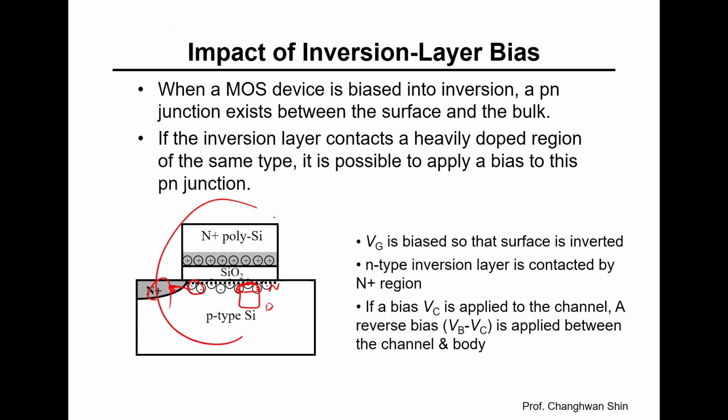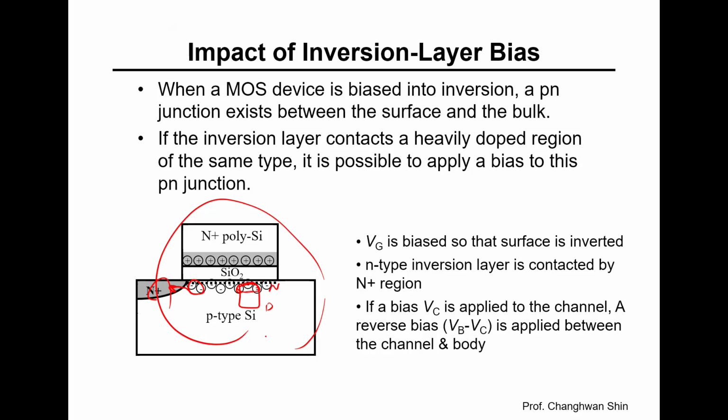So in this diagram, we see an N-type inversion layer, the channel, formed at the surface of the P-type silicon. This inversion layer is contacted by an N plus region, allowing us to apply a bias voltage, say V sub C, to the channel. If we do this, a reverse bias, VB minus VC, develops between the channel and body.